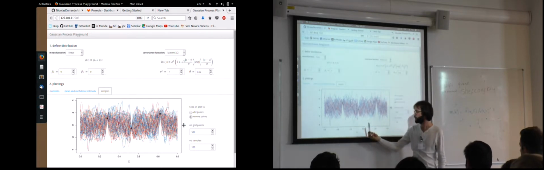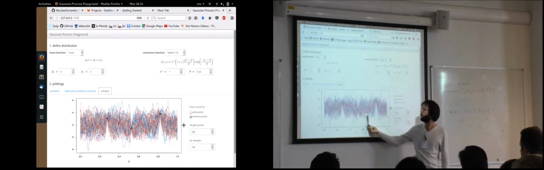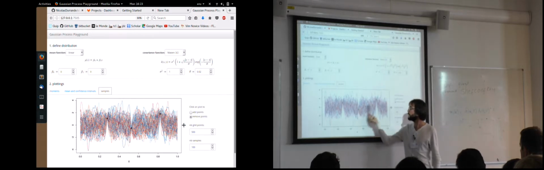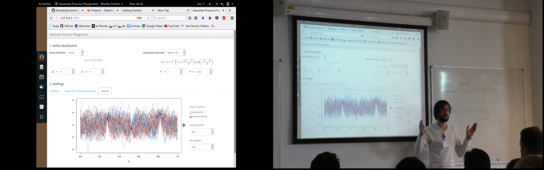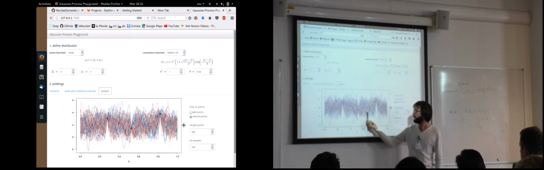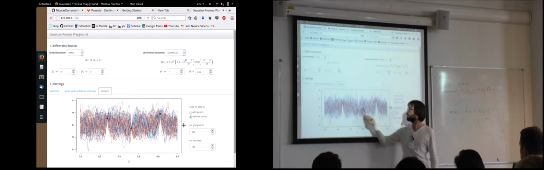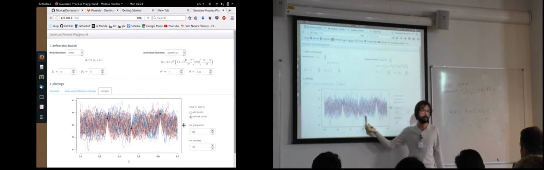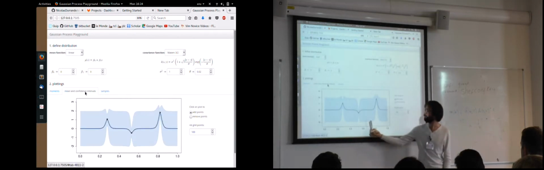So when you're doing a prediction about what's going on at this point, it says, well, I have information over there, but since the decay of my covariance is very fast, I don't expect these points over there to give me any information about what's going on here. So the model will revert to the prior and basically say, I can't predict anything about what's going on here because my data do not give me any information.